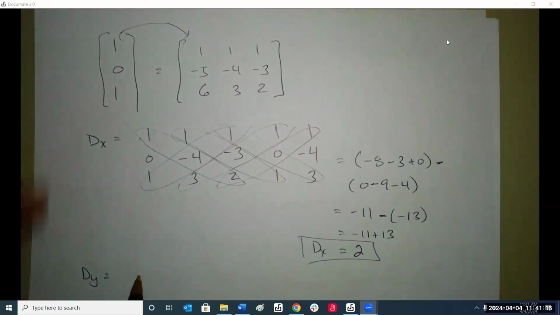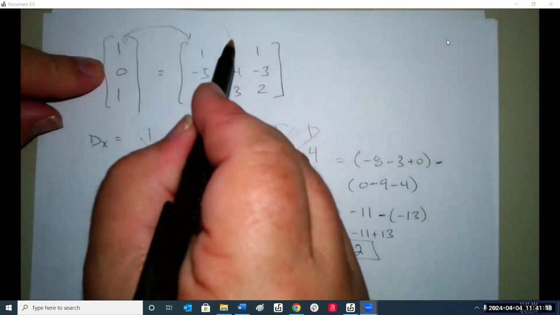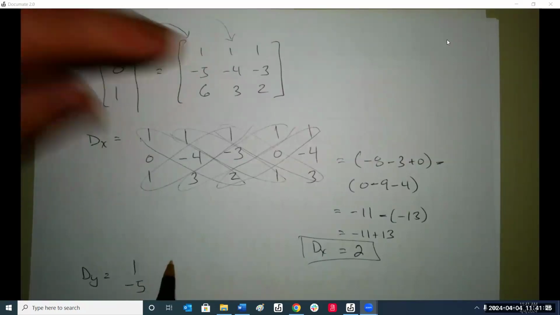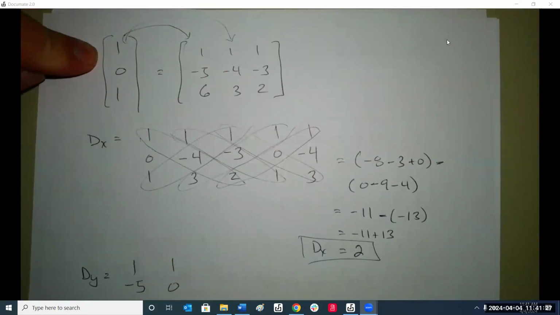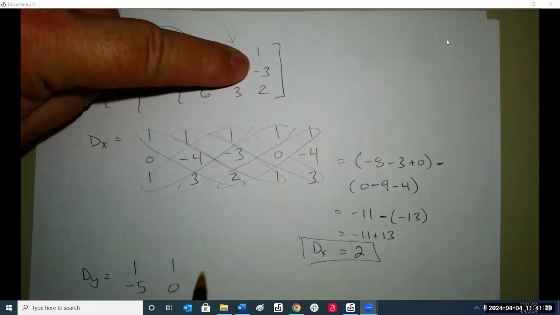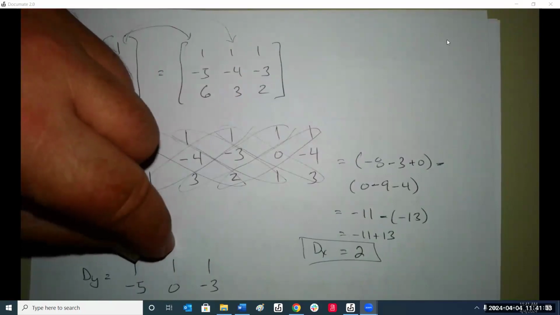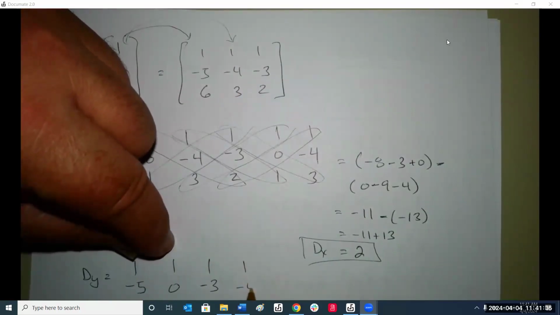Now dy. I take the answer and put it in the second column. So I have 1, -5, 6. The answer is 1, 0, 1. 1, -3, 2. Copy the first two columns over.